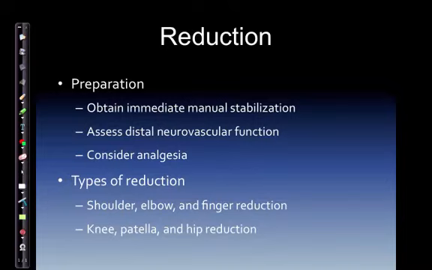And very simply, we will not be doing this in the back of the ambulance. Our goal should be to decrease further injury, assess and treat for pain management, and get them to the appropriate facility.